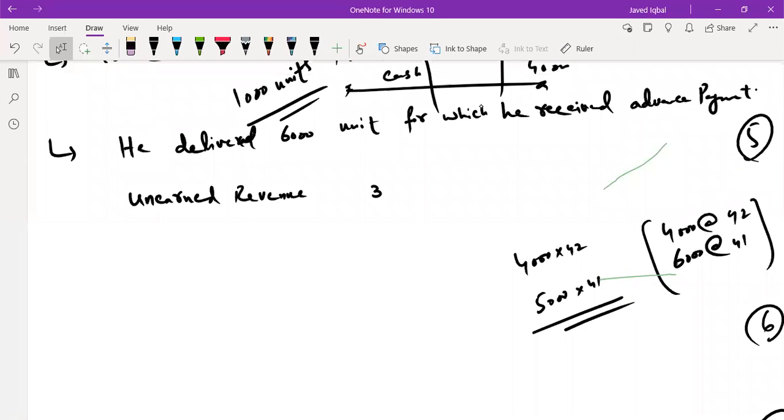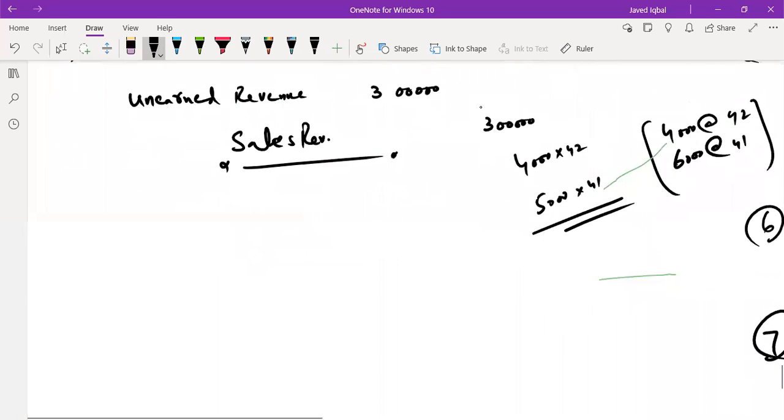So this liability is now being paid, and this liability is now being earned basically. So this will become your sales revenue of 300,000. Now you have sales revenue. Now you need to record the CGS transaction. So now we can record it as CGS debit, purchases credit, whatever the amount.